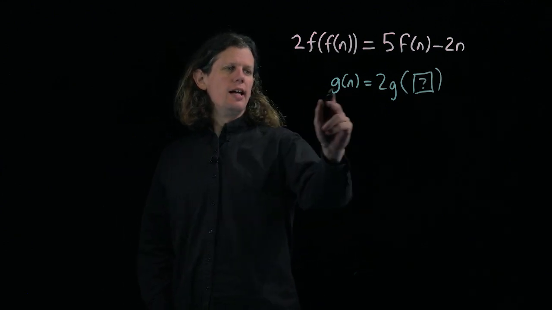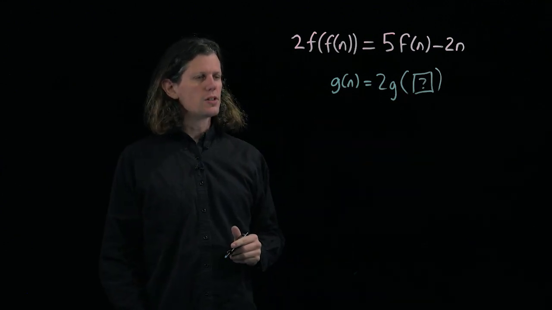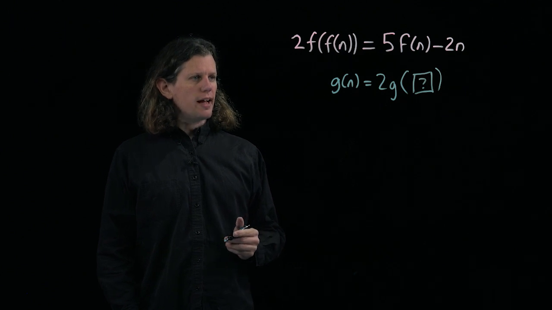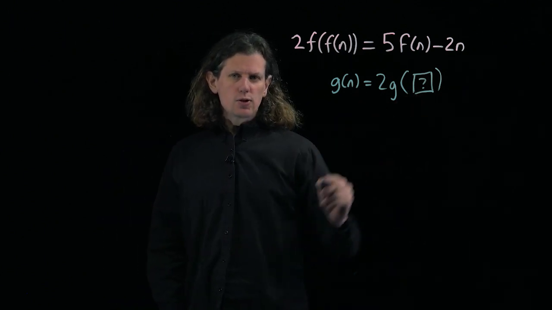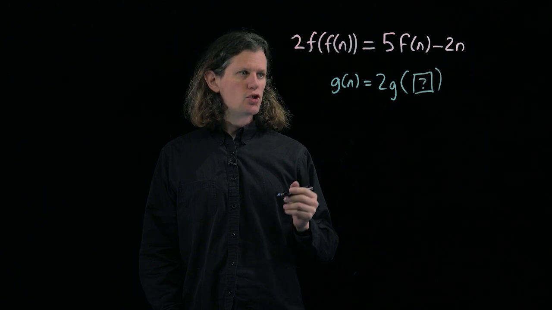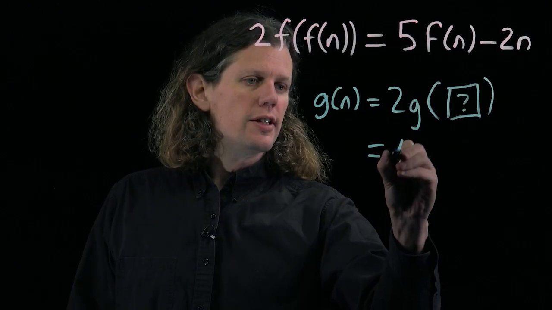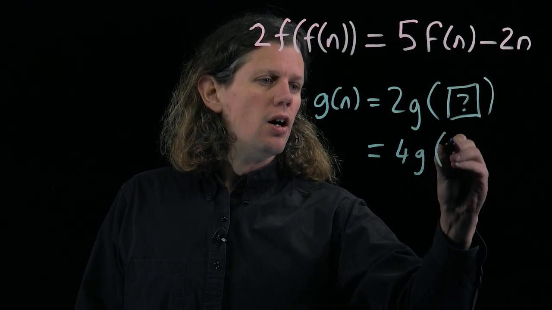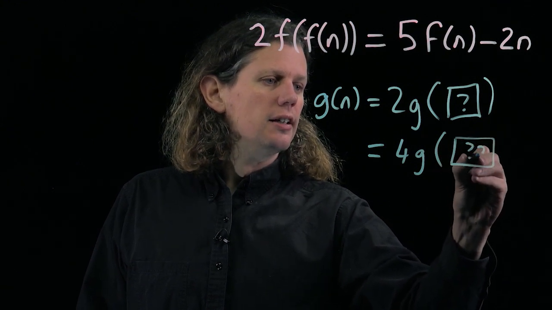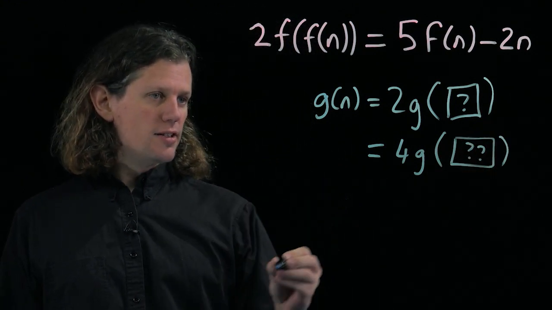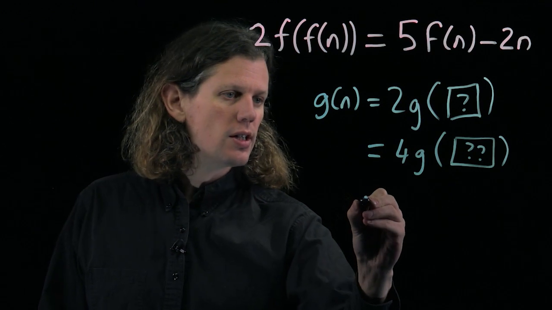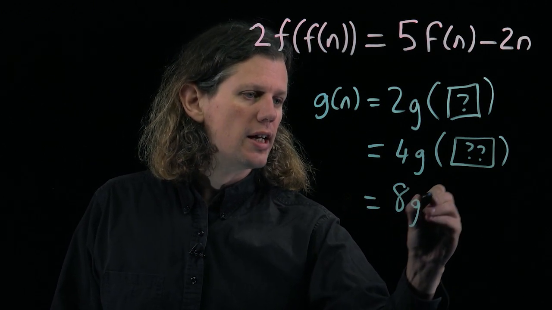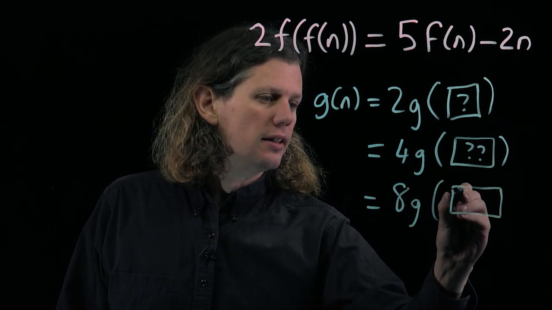So g of n is twice g of something, don't care what. But we can iterate that. g of something else will itself be 2 times g of something else again. So this is equal to 4 times g of yet another thing. And that in turn will be twice g of something else. So we can write this as 8 times g of yet another thing.